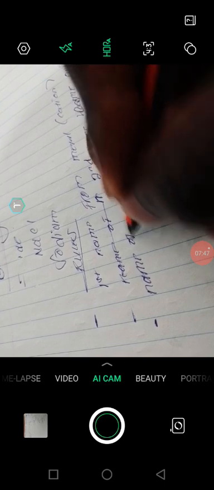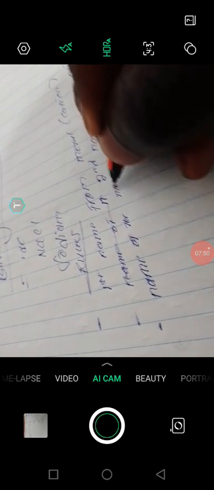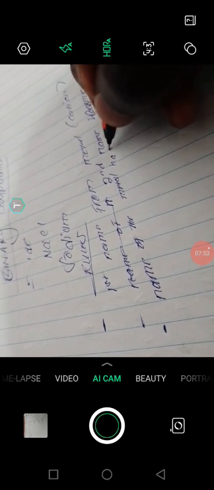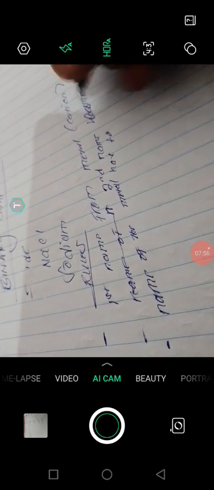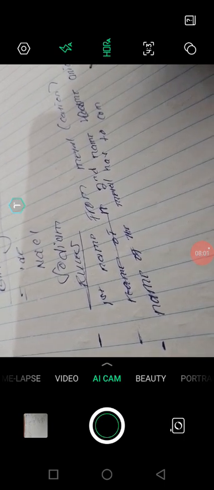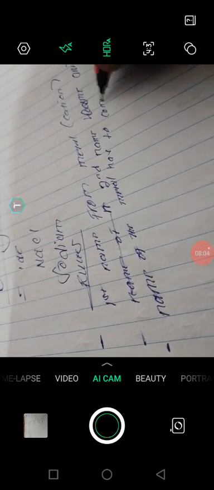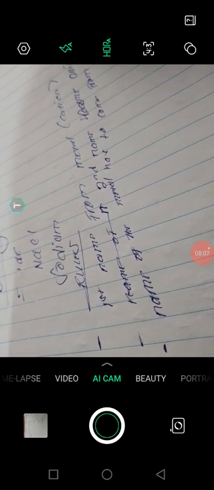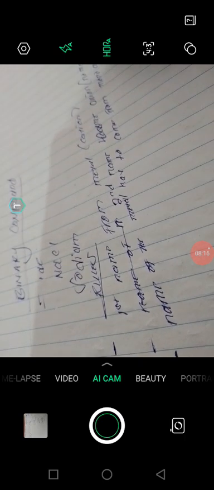Then, the name of the metal has to come from, or should come from, the monoatomic element.